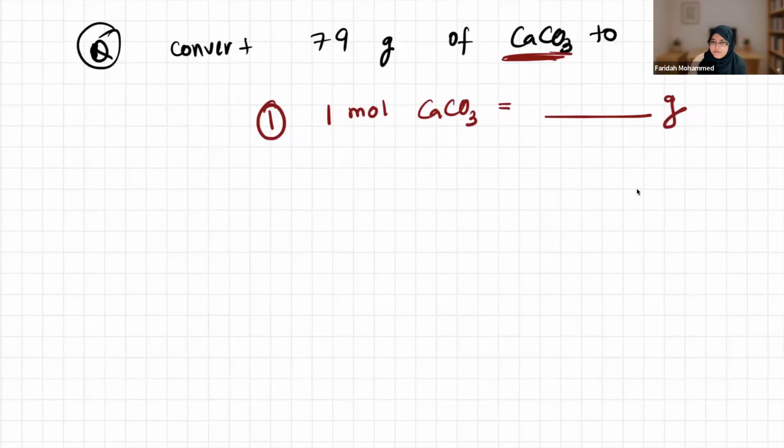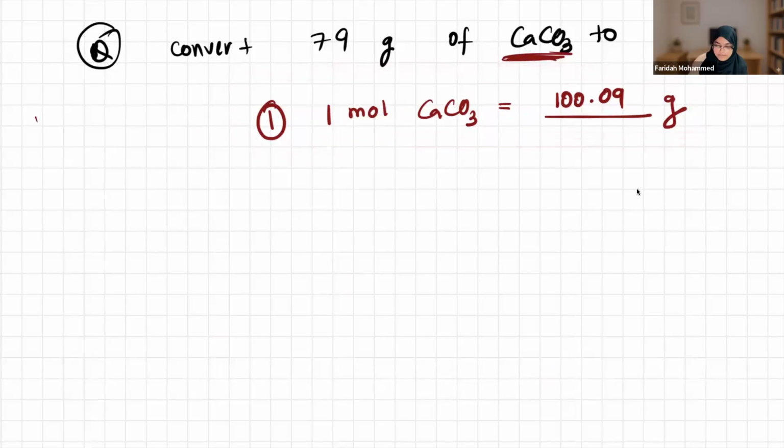Go ahead and calculate the molar mass, which you already have on your paper. Which is 100.0809, right?